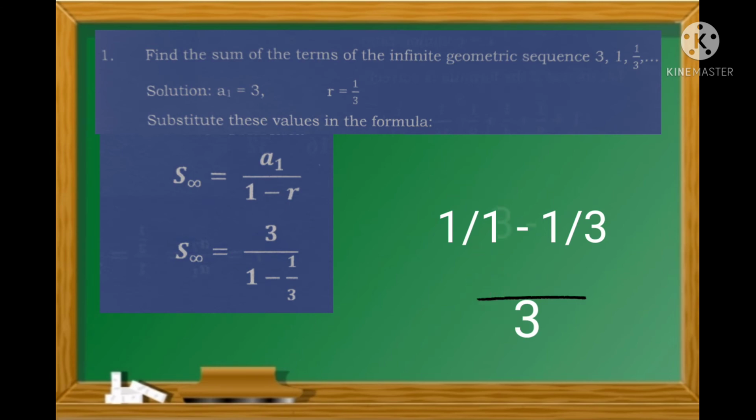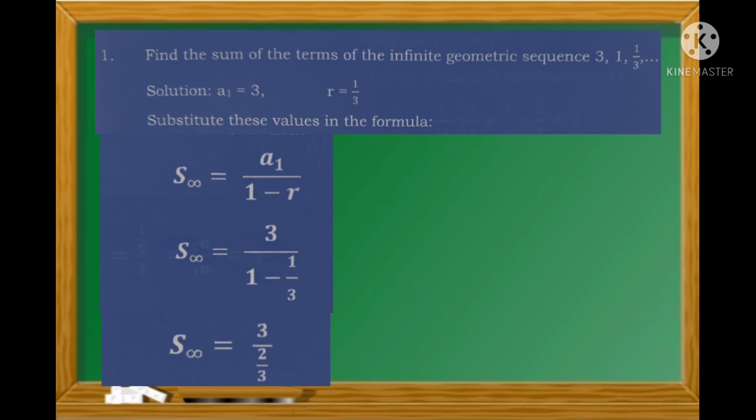The answer is 3 minus, then 3 divided by 3, the quotient is 1 times 1, the answer is 1. Then 3 minus 1, that is 2. Copy denominator, which is 3. So therefore, the difference of 1 and 1/3 is 2/3.